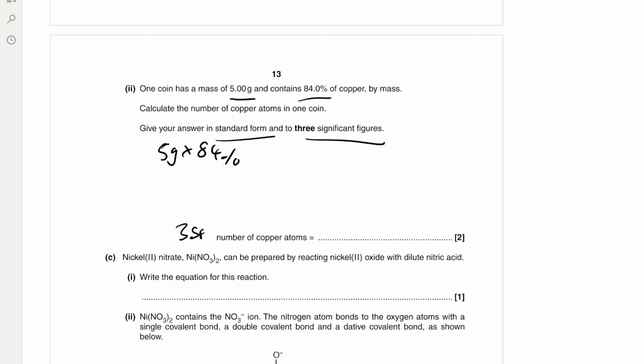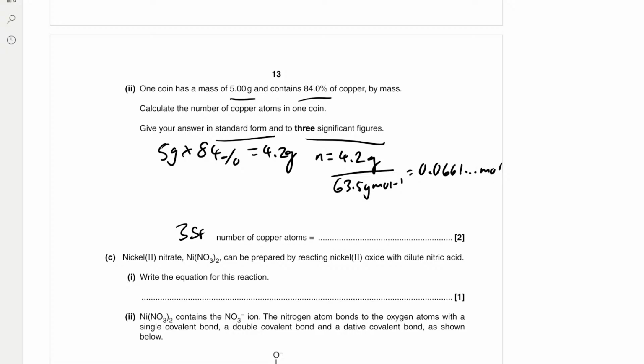So that is 4.2 grams. So our moles of copper in one coin is 4.2 grams divided by the Mr of copper, which is 63.5 grams per mole, which is 0.0661 moles.